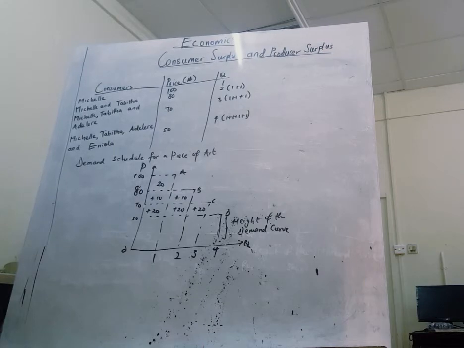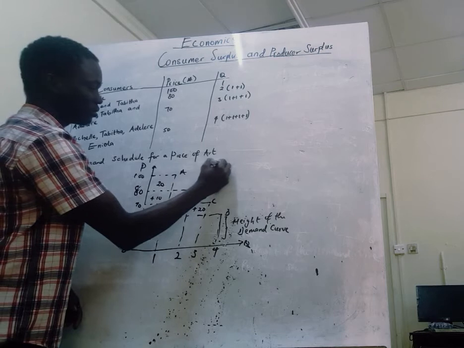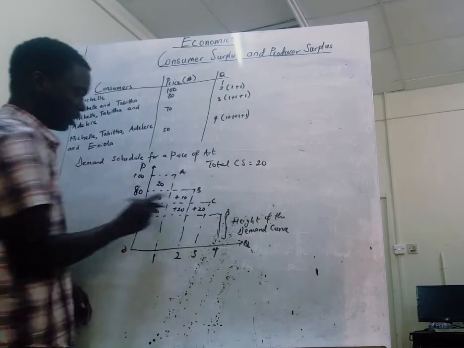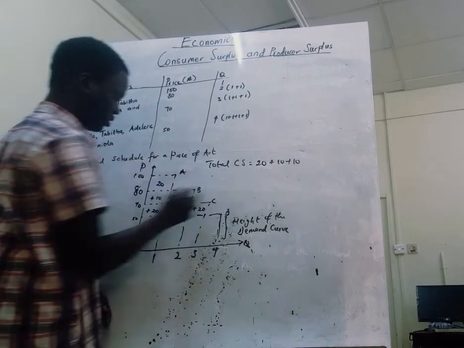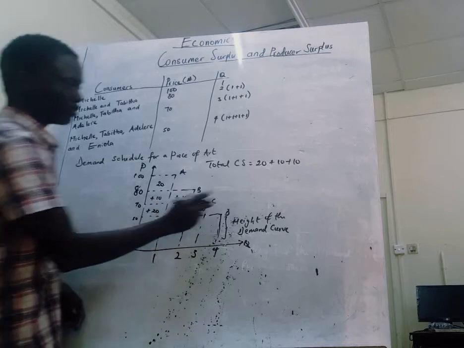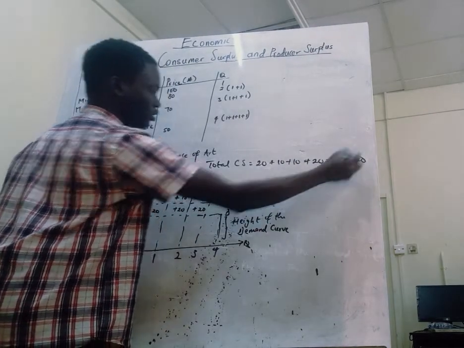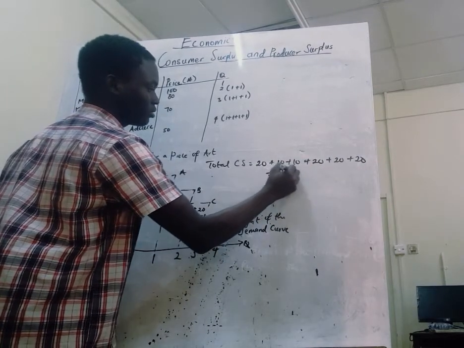So now, what is the total consumer surplus in this market? Total consumer surplus is simply 20 plus 10 plus 10, plus 20 plus 20 plus 20. So 20, 30, 40, 60, 80, 100, which is 100.